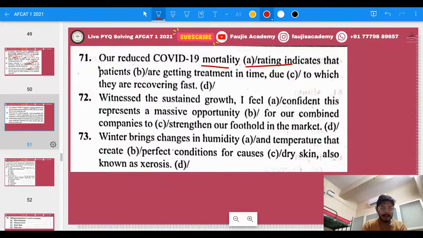Mortality rate will be the correct usage. The error is in B.